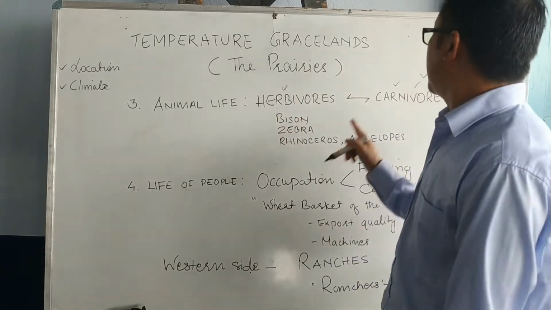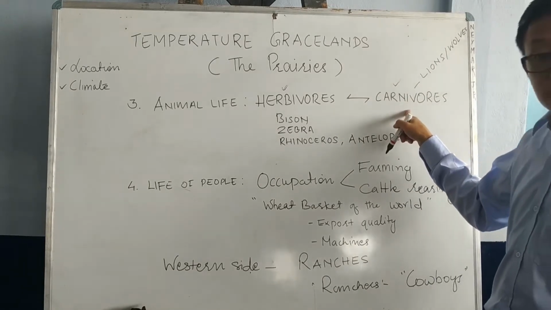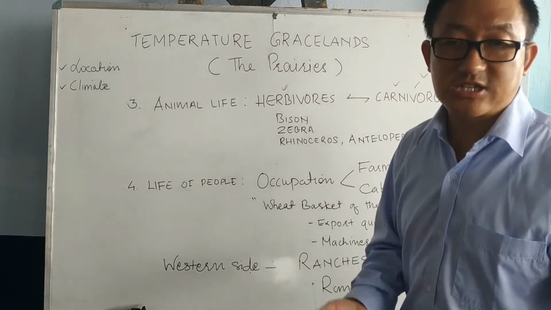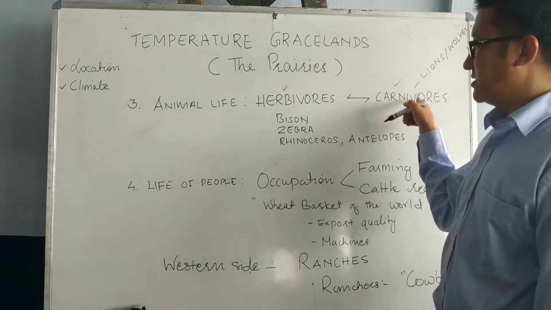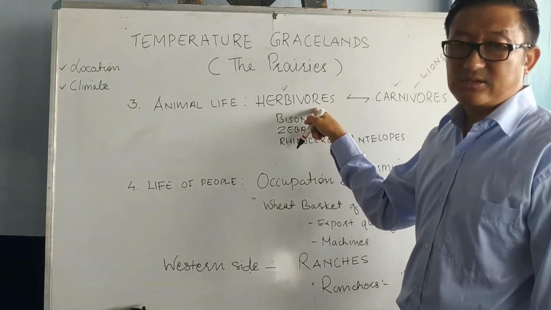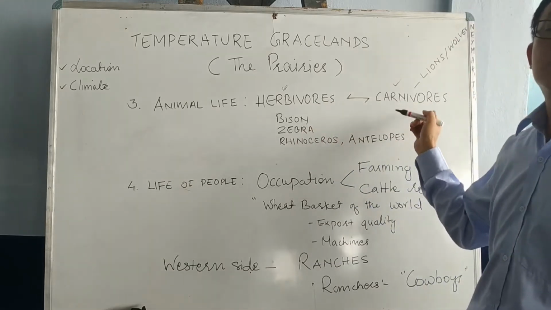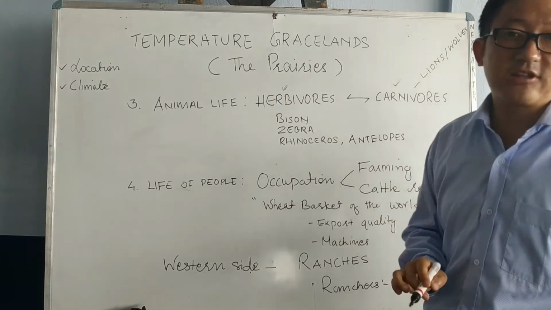And what about carnivorous then? Carnivores are the animals which eat flesh for surviving. So both are animals, but they are two different kinds of animals. One eats grass and the other eats flesh.